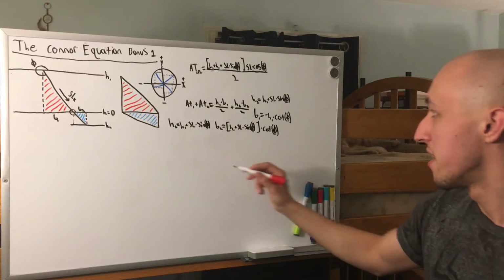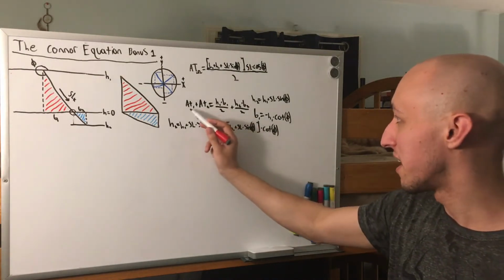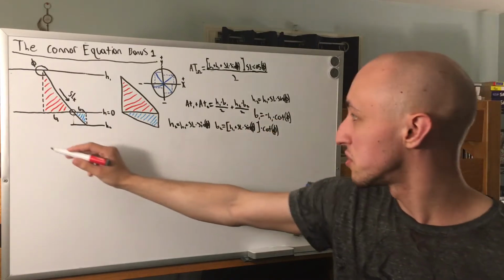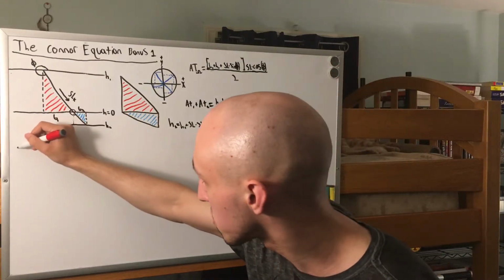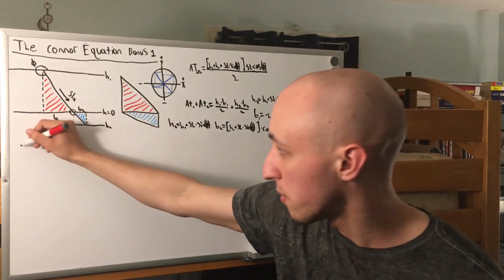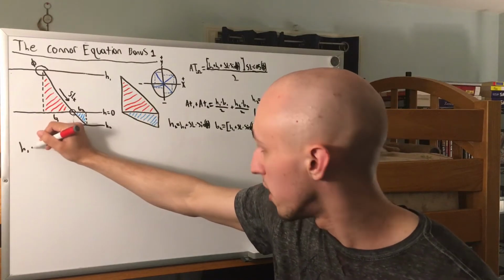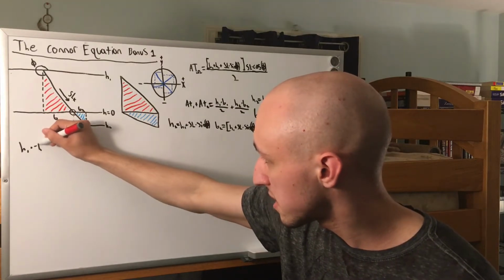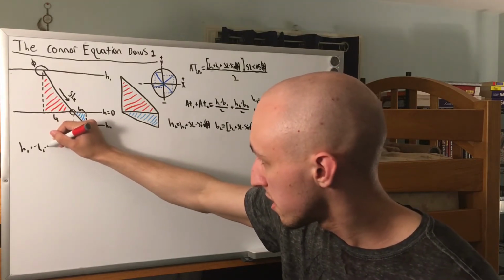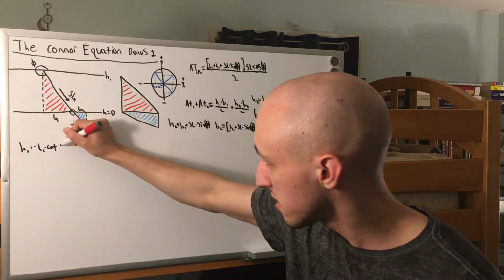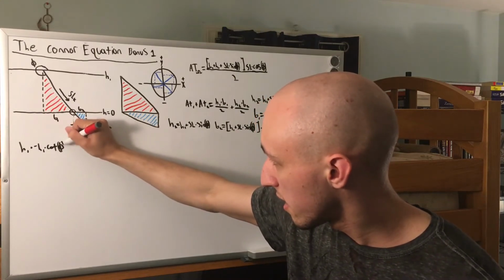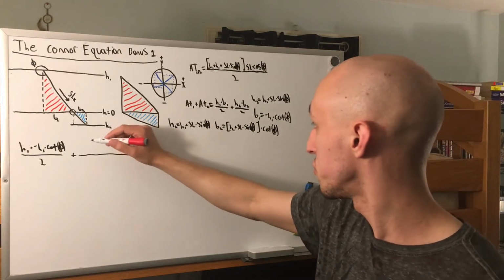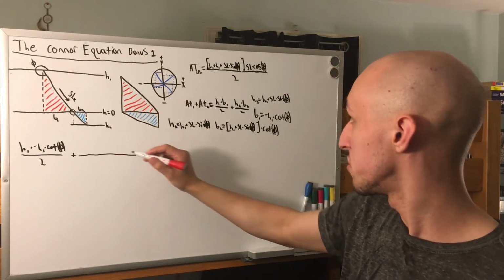Excellent. Now we're going to fill in all of this. We start with, of course, H1 times negative h1 times the cotangent of phi. Then we have our h2 and b2.